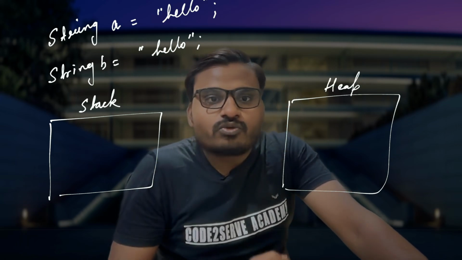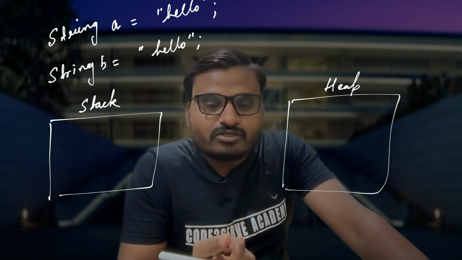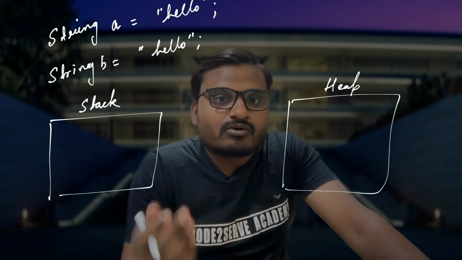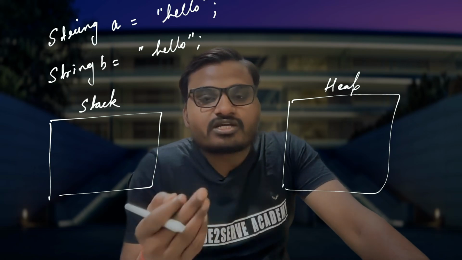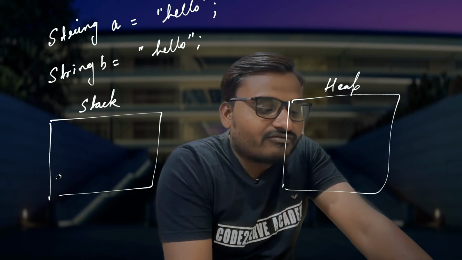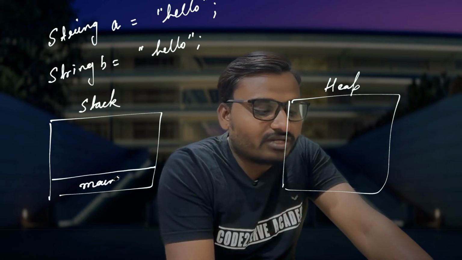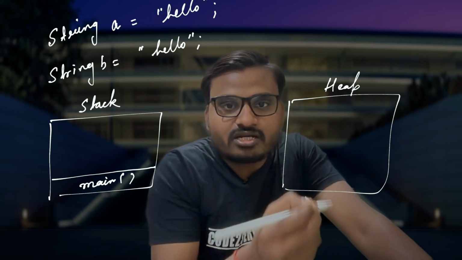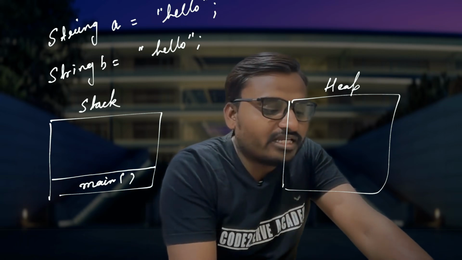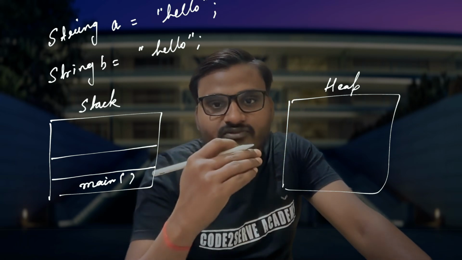Okay, so you already know the execution starts from main, so all those executions, whatever is the sequence, are stored in the form of stacks. If first your main method is called, so first your main will be in the call stack. Similarly inside the main, if you call any other method, then that method will be on the top of that.